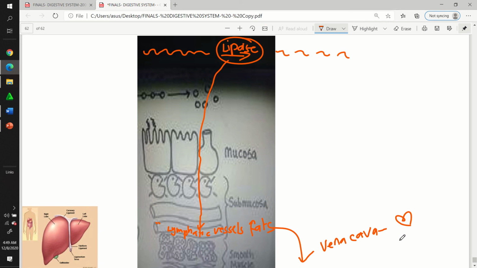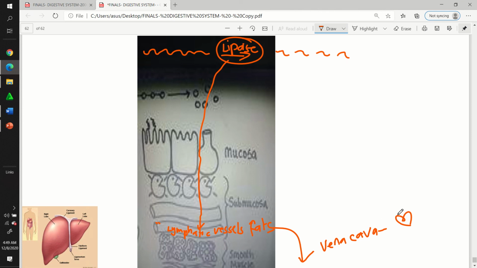So they bypass the liver in order to absorb nutrients. Fats go straight to the vena cava and dump into the heart, bypassing the liver, of course. And fats travel through the lymph vessels to the heart.